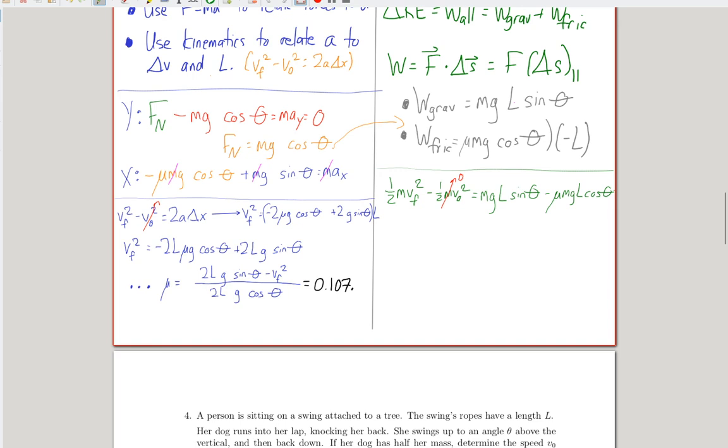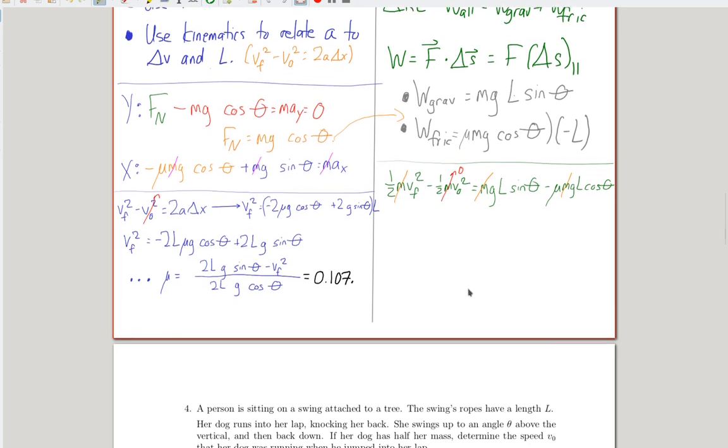So now what's left? All I need to do is solve for mu, because I know that that term canceled. So again, I can also cancel the m's that appear in every term in this equation. We weren't even given a mass, so the answer can't depend on it, right?